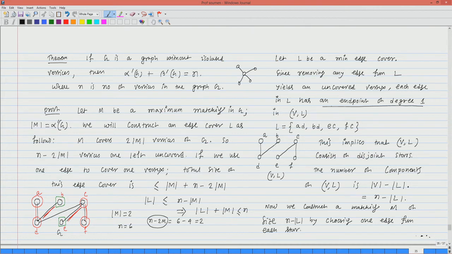So, here I have two stars in my example graph. This is one star, and the other star is this one.